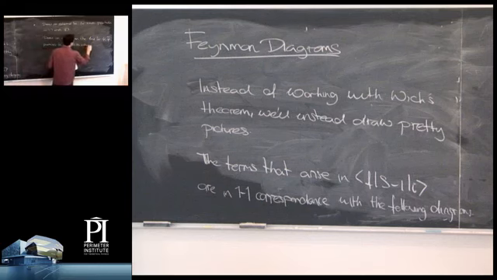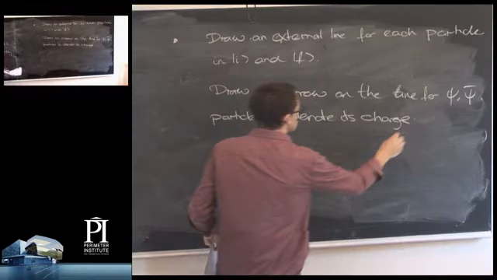We're not going to draw arrows for the mesons, because the arrows correspond to charge, and the mesons are real and therefore don't carry any charge.